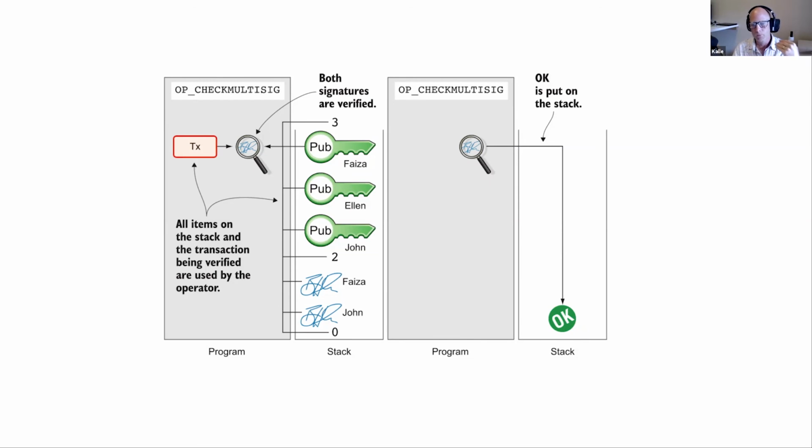So the old software will not make these checks, of course. Old software isn't aware of this. So old software will not check this program. It will not run this program here. So it's actually much less secure. It just checks that the redeem script matches the script hash. That's all it does.